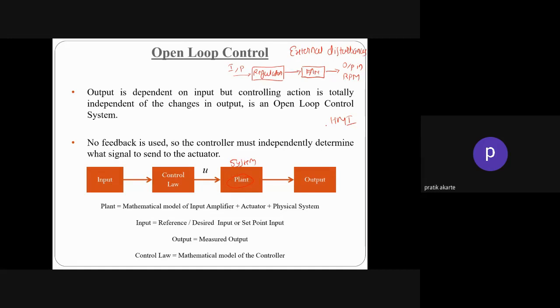In that case, if the fan is rotating at low speed, I'll go over there, rotate the regulator, and increase the speed of the fan. So in that case, the system is closed loop. But forget about the closed loop control system for the time being. For open loop control system, you remember that the control action is totally independent of the changes in output. That is what we call an open loop control system.